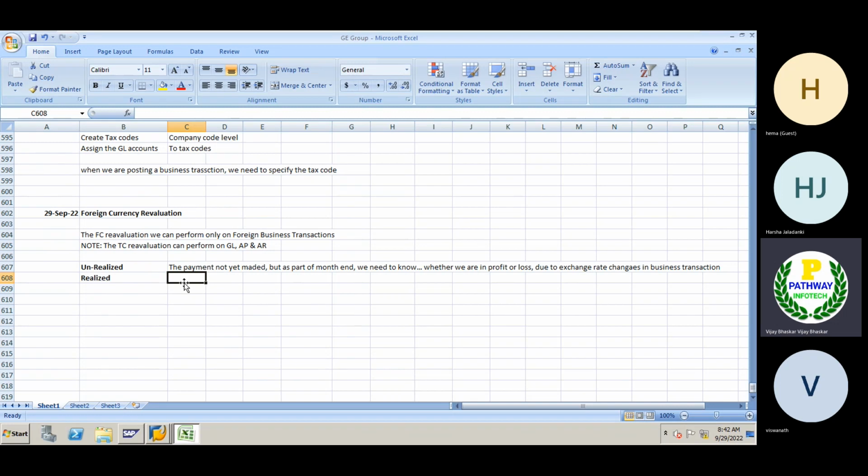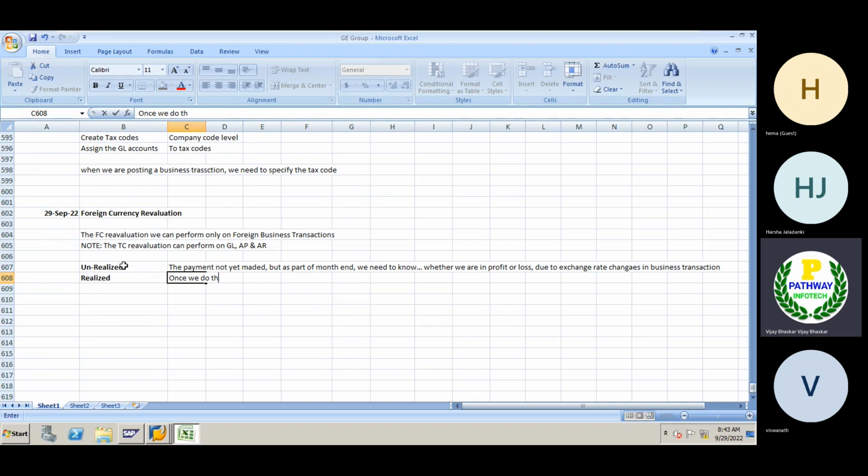It's unrealized because I have not yet made the payment to the vendor. How much I am going to lose or gain, I don't know at that moment. That is the reason we call it unrealized.